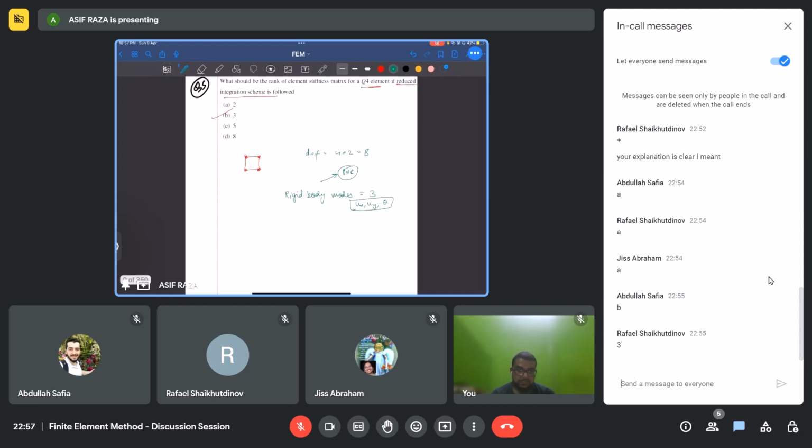And there are two hourglass modes. I hope this has been told in the lecture. So the rank will be equal to 8 minus 3 minus 2, and that will give me 5 minus 2, which is 3. So the answer is 3.